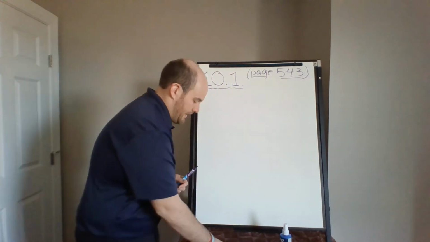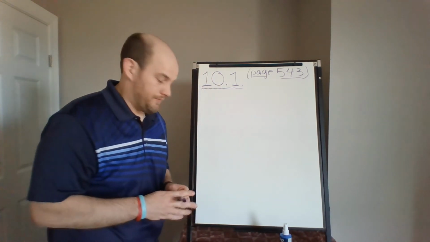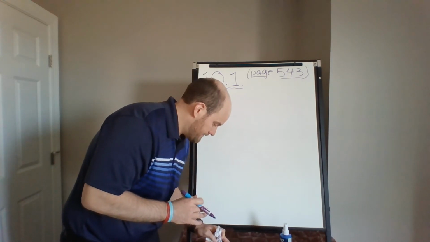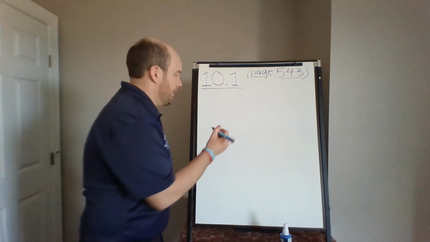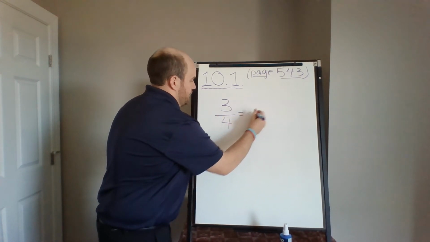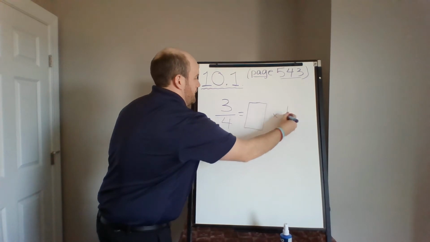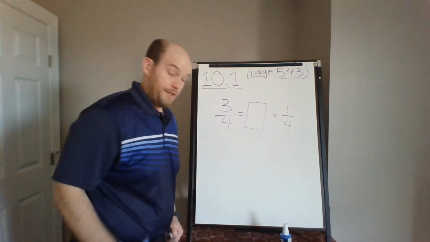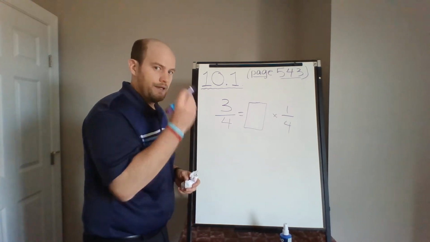Okay, so down below in your independent practice, still on page 545, we're going to do just the odds. So we're going to do number 7. All right, and it looks like this. 3 over 4 equals blank times 1/4. Lucky you, you already got this written on your paper. I got to write everything down up here using that ink.